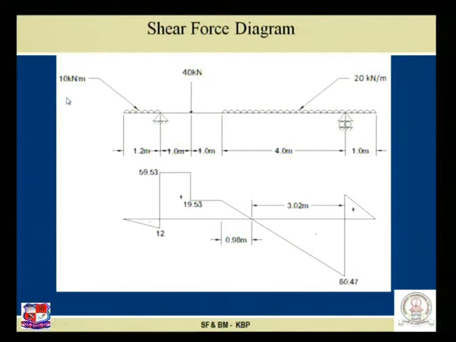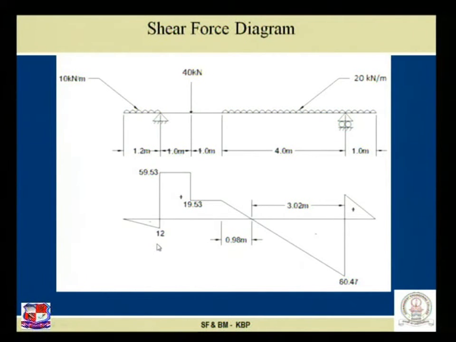Now, this UDL is 10 kilonewton per meter over a length of 1.2, so 10 into 1.2 is 12 kilonewton. If I take a section over here, then the section left, downward, is negative, and for the UDL, the values 0 and 12 are joined by an inclined straight line.